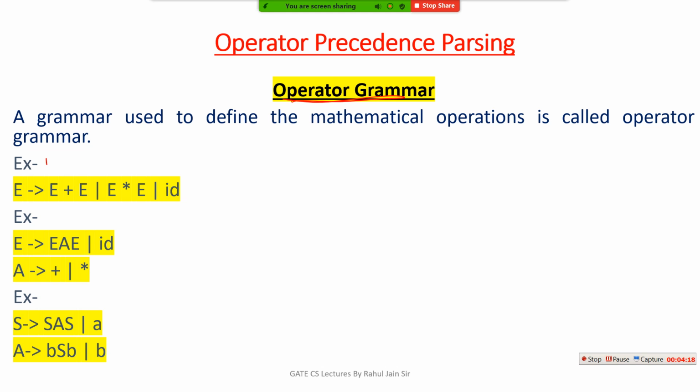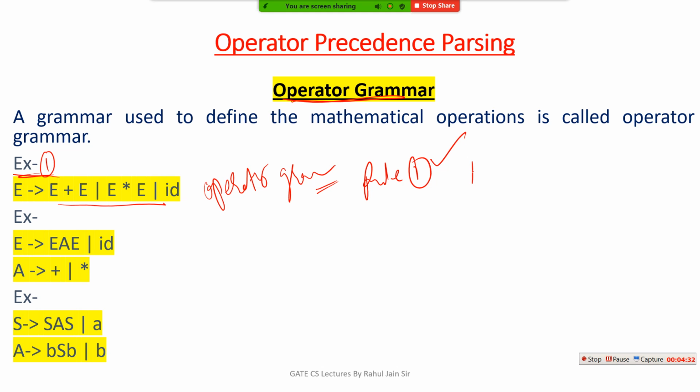So if I talk about example 1, you can observe it here. It is an operator grammar. Why? Because of rule number 1, there is no epsilon on the right hand side, so it is followed. For rule number 2, no two non-terminals should be adjacent.